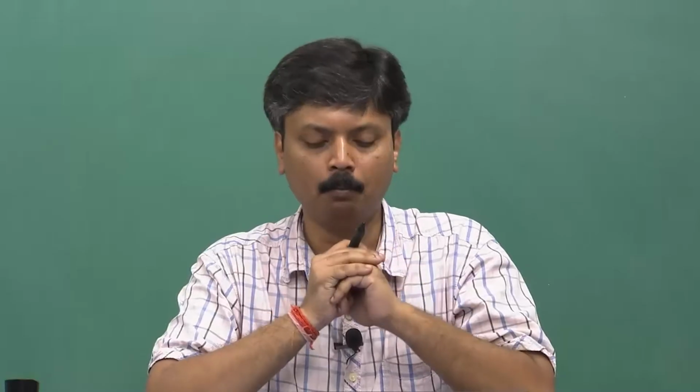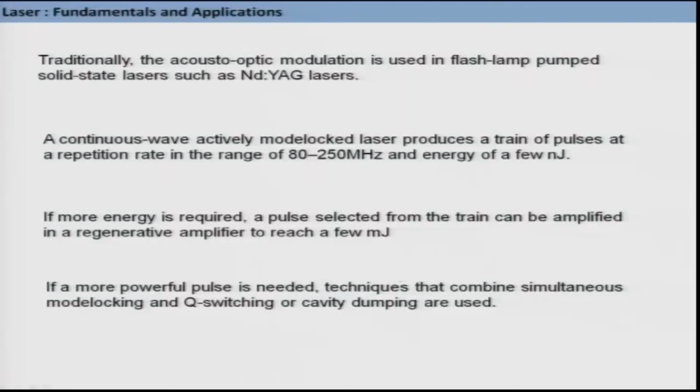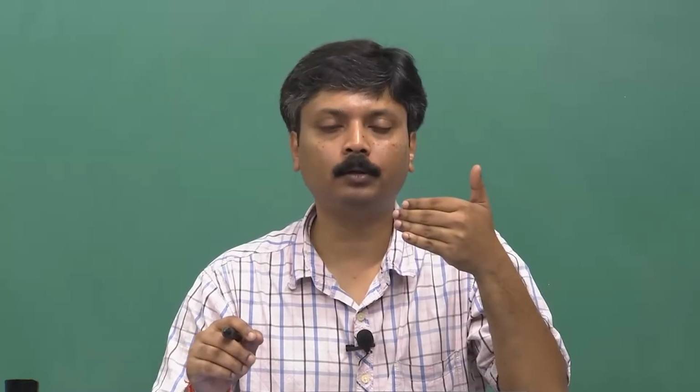If someone needs more energy, you can select a pulse from the train and amplify it further by something called a regenerative amplifier, which we are not going to discuss during this course. If someone is interested, you can go through the books that I have suggested.